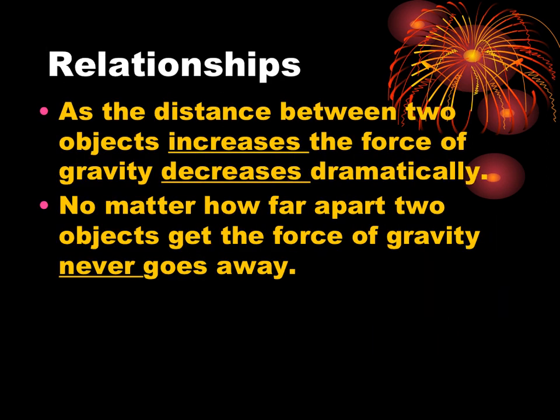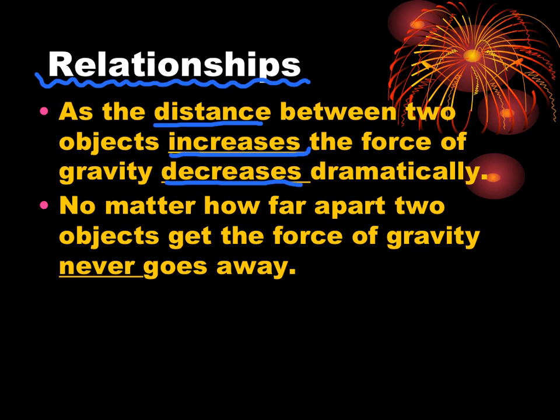Now as we run the numbers, we notice there is a steady relationship between two factors and the force of gravity. And remember, those factors are mass and distance. We notice that as the distance between two objects increases, the force of gravity is going to decrease.